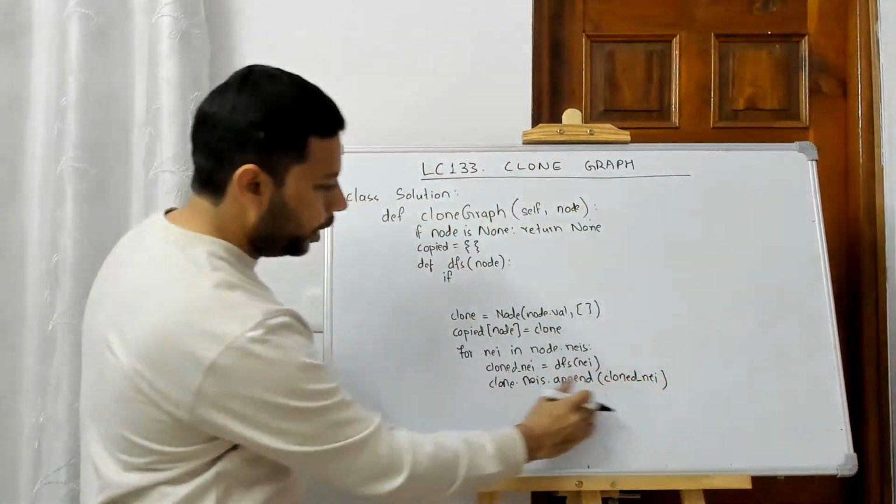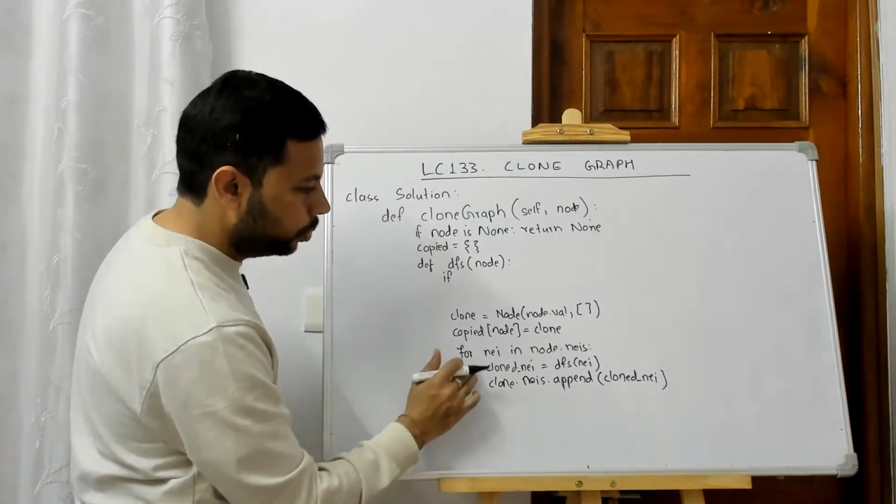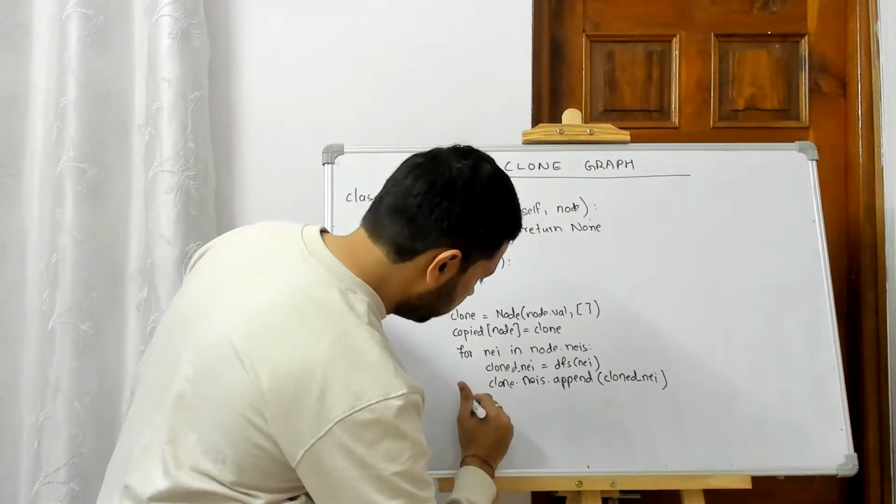So this is going to create a list of all the neighbors for the cloned item, and this DFS will return clone.